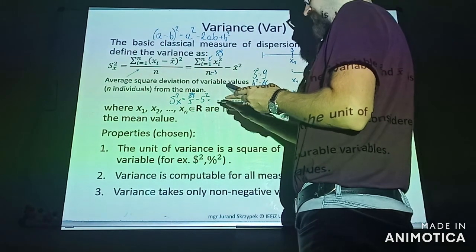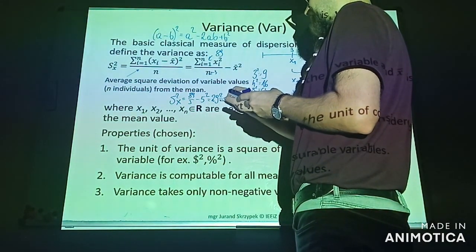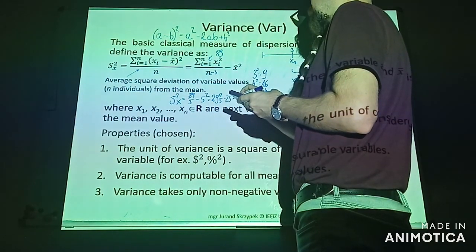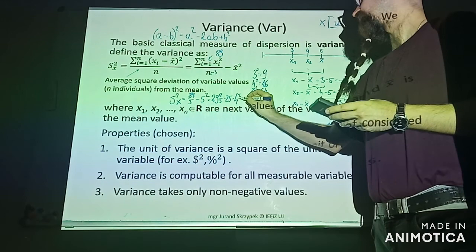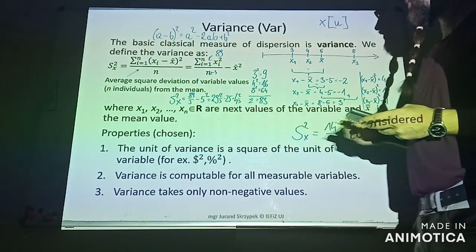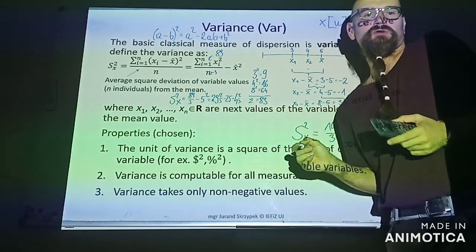It means that we have here 29 and 2/3 minus 25, and this is exactly 4 and 2/3 units squared, of course.